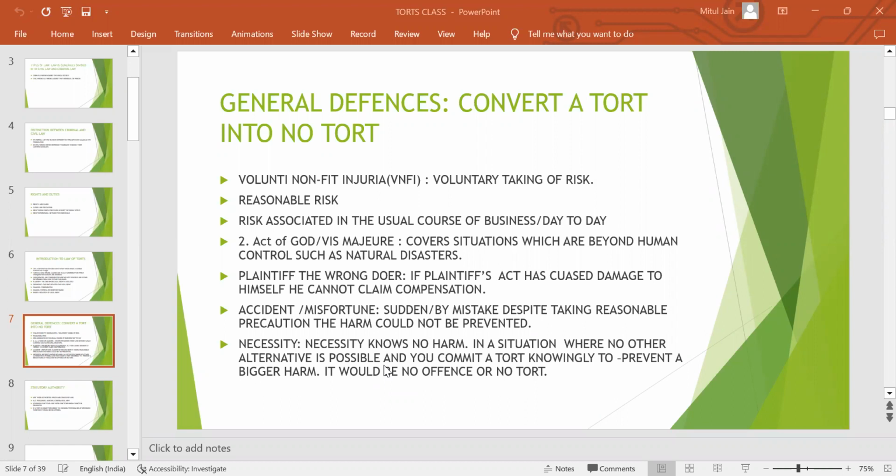So like if you hadn't done that, then maybe he could have died in the fire. That would be a greater harm to him than an injury to his leg. So you did what you did to save him, to protect him.